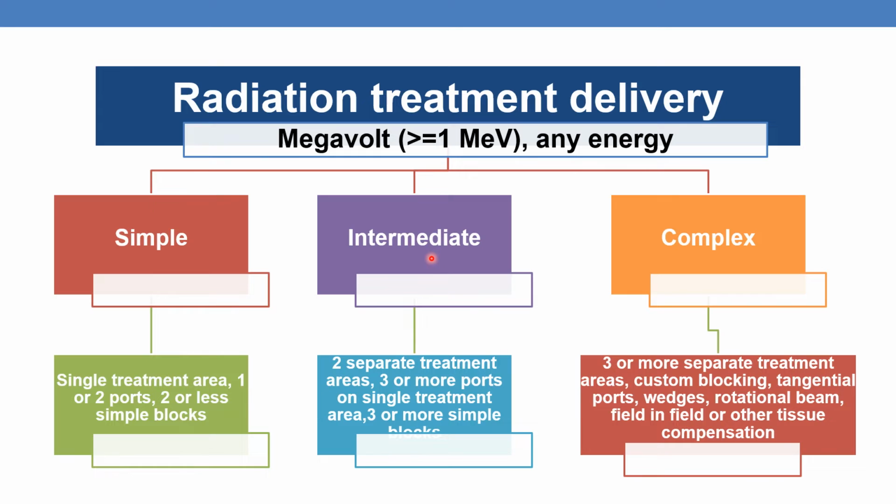Intermediate involves 2 separate treatment areas, 3 or more ports on a single treatment area, 3 or more simple blocks. Complex involves 3 or more separate treatment areas, custom blocking, tangential ports, wedges, rotational beam, field in field, or other tissue compensation. So these are the types of radiation treatment delivery.